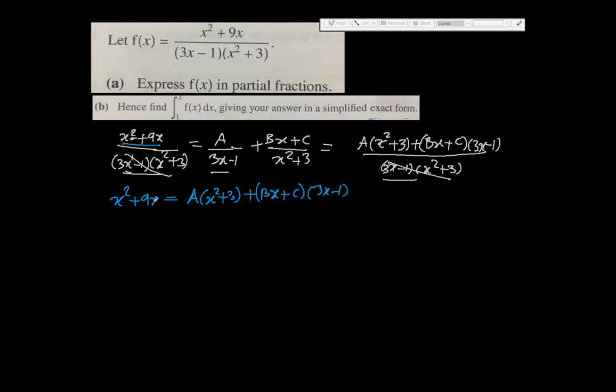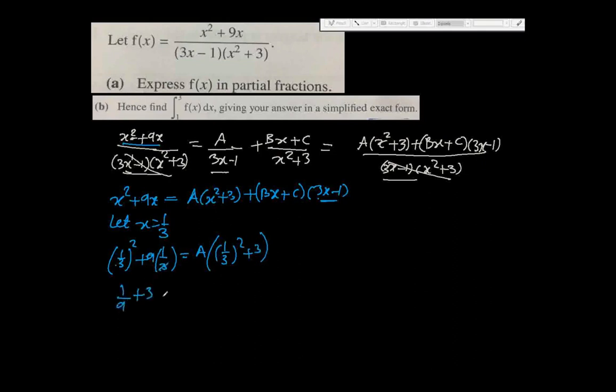Now, to solve this, our endeavor should be that one of the brackets becomes 0, and this can be made 0 if we let x equal 1 over 3. So 3 times 1 over 3 is 1, and 1 minus 1 is 0. This whole thing is useless with x equal to 1 over 3. So let's write (1/3) squared plus 9 times 1/3 equals A((1/3) squared plus 3). 1/3 squared is 1/9, and this 3 and this 9 cancel, giving us 1/9 plus 3 equals A times (1/9 plus 3).